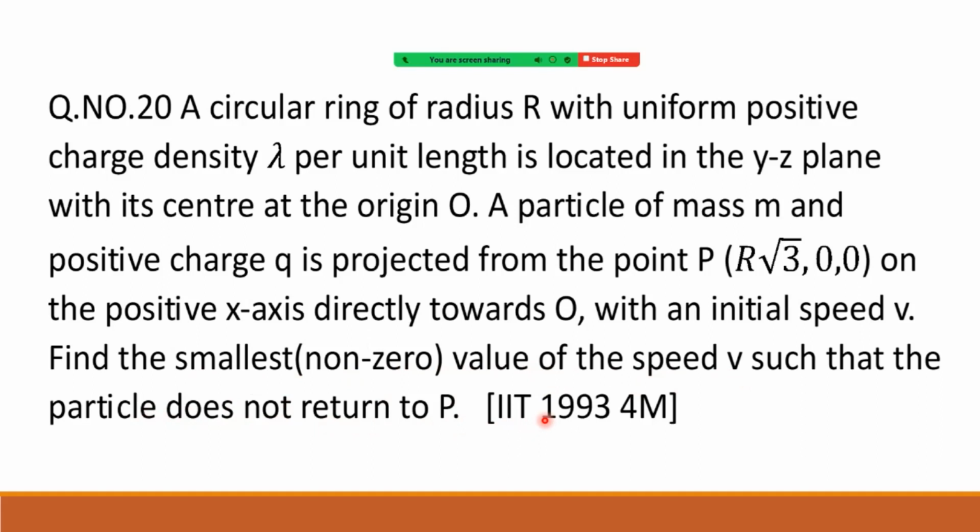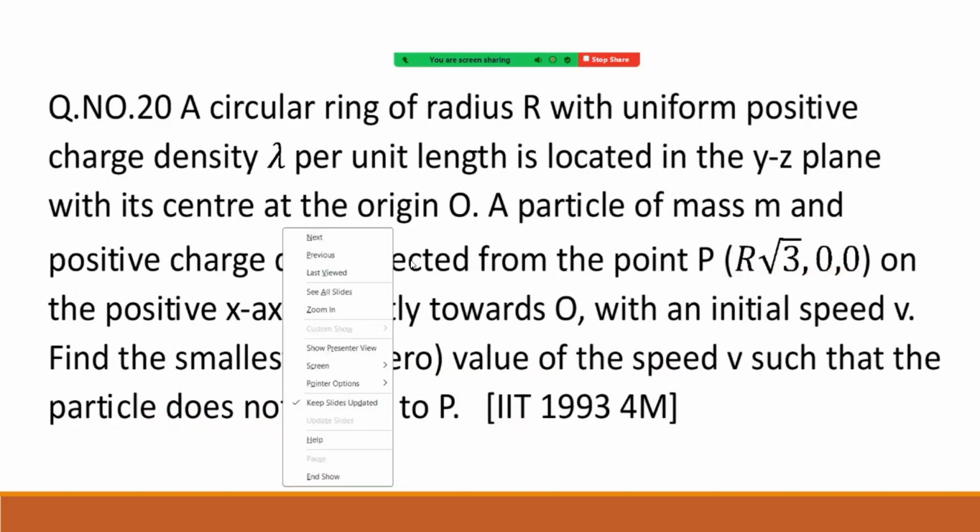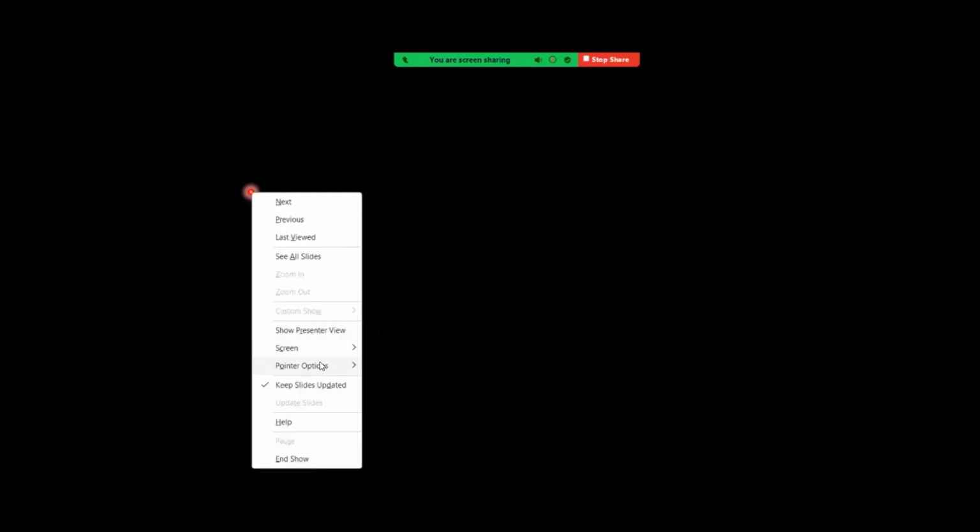See what he's asking here. Find the smallest non-zero value of speed v such that the particle does not return to P. See how we are starting this one. Projecting from (r root 3, 0, 0). Let us make a diagram for the given data.